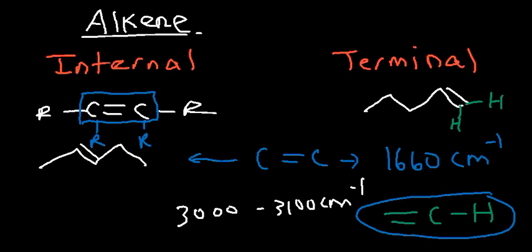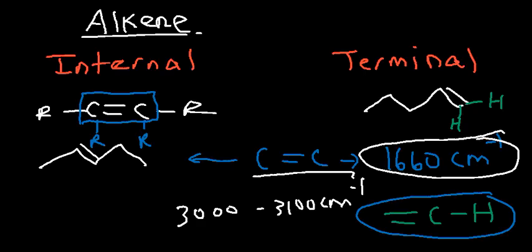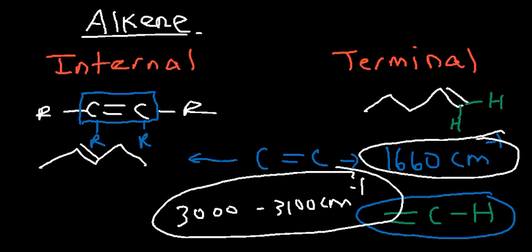So for an alkene, these are the two most important signals that you need to look for to determine it. If it's terminal, it definitely has both. If it's internal, it depends on if there's any hydrogens attached to the carbon-carbon double bond. If there's none, we won't see that double bond CH stretch. But if there's at least one, you still may see it. So like this example, here is an internal alkene.